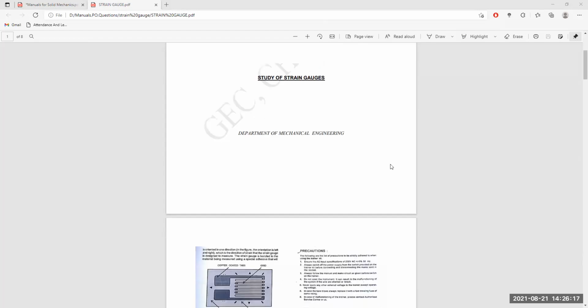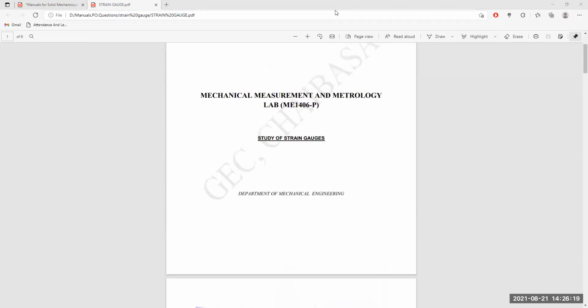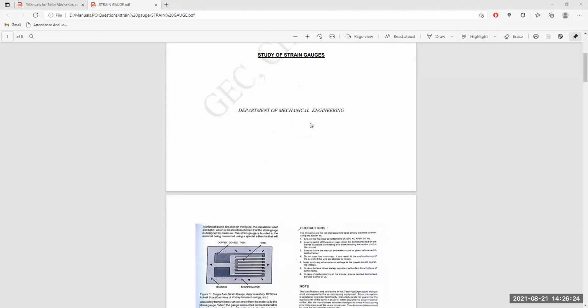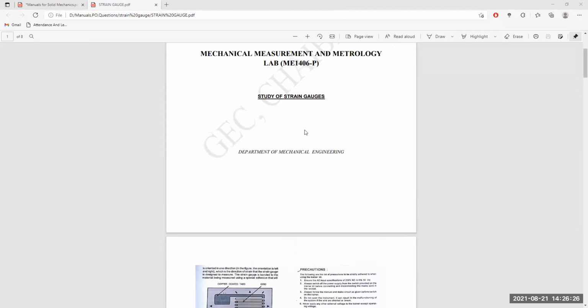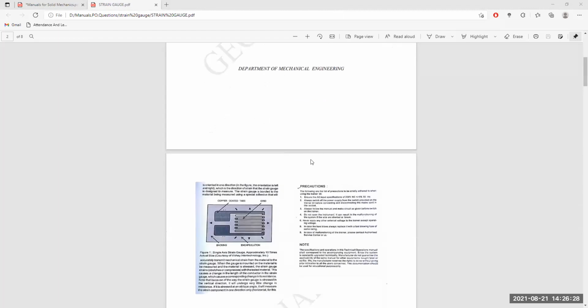Now, here we have a manual which tells us the different details of the basic structure itself.